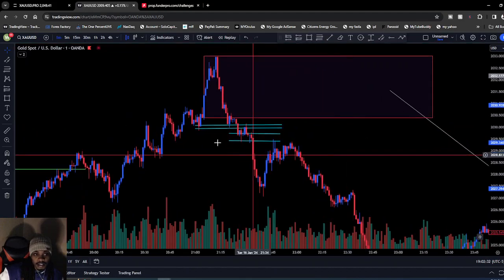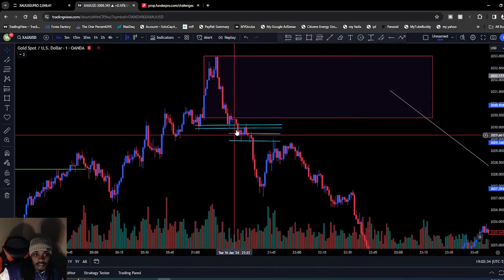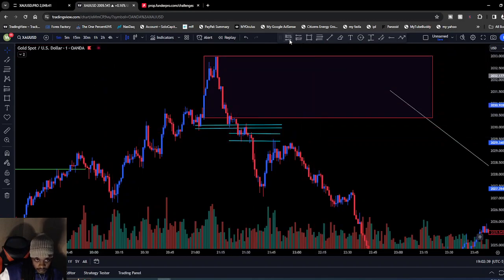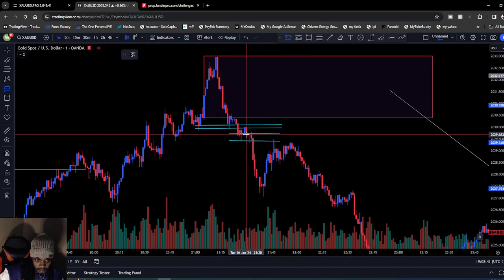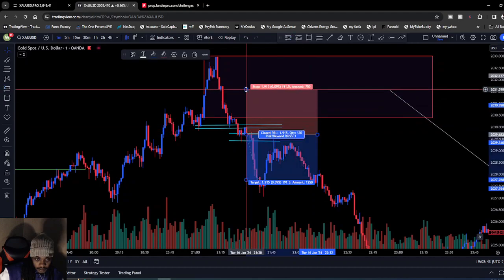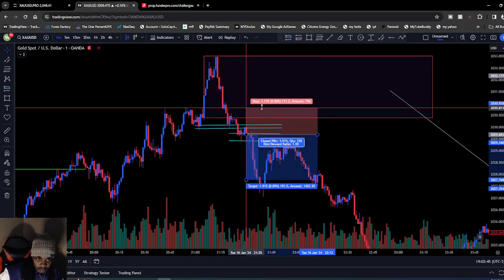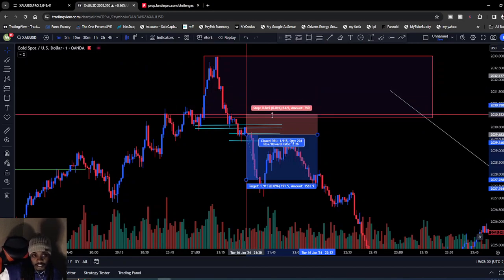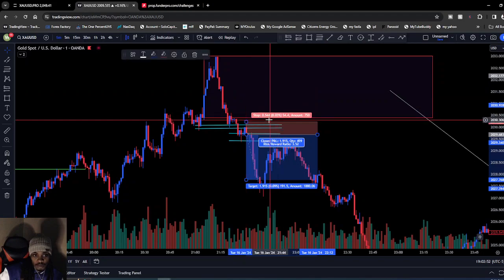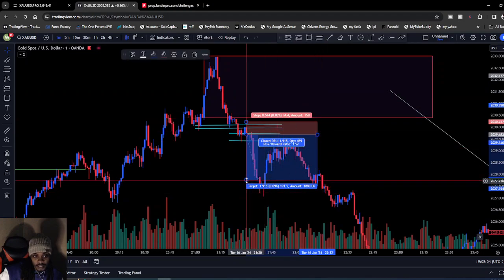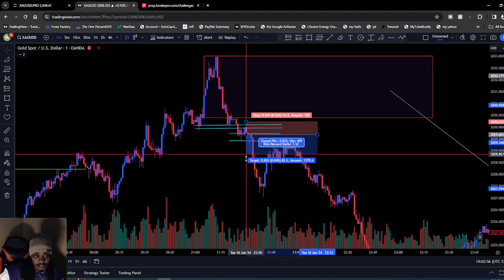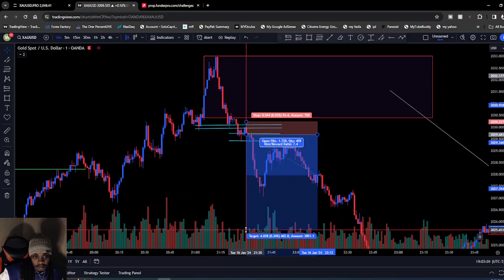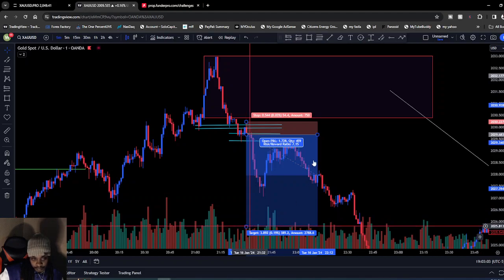So say you got in off of the rejection either here or here. 14 to 20 pips, like I say in my course, or depending on the trade, you can go above the zone, which you would be risking 5 pips, and you can target this leg of structure, this low, this low, this low. It all depends on you.